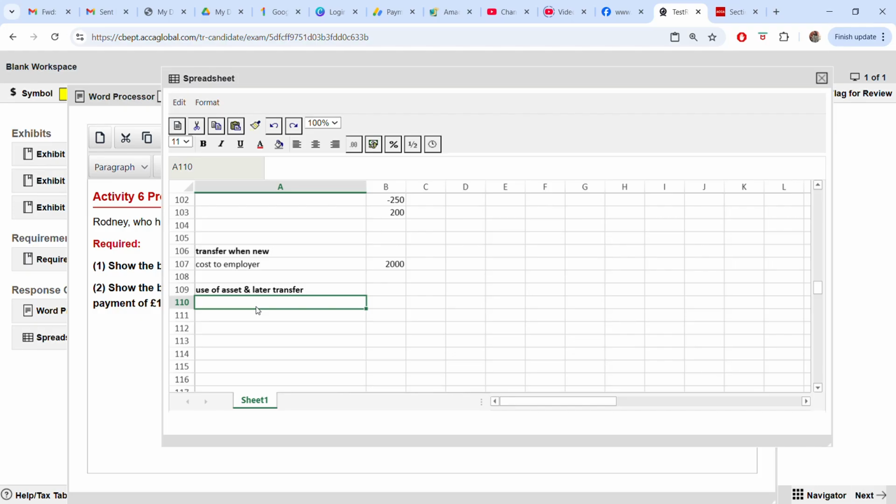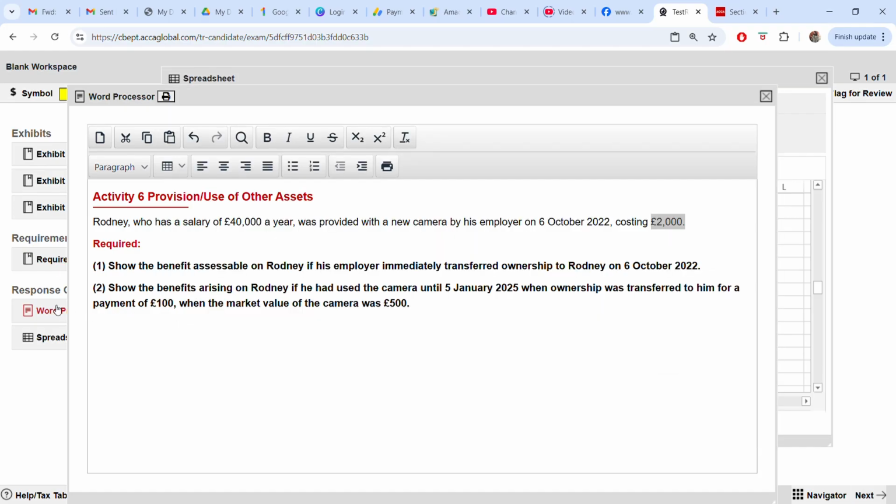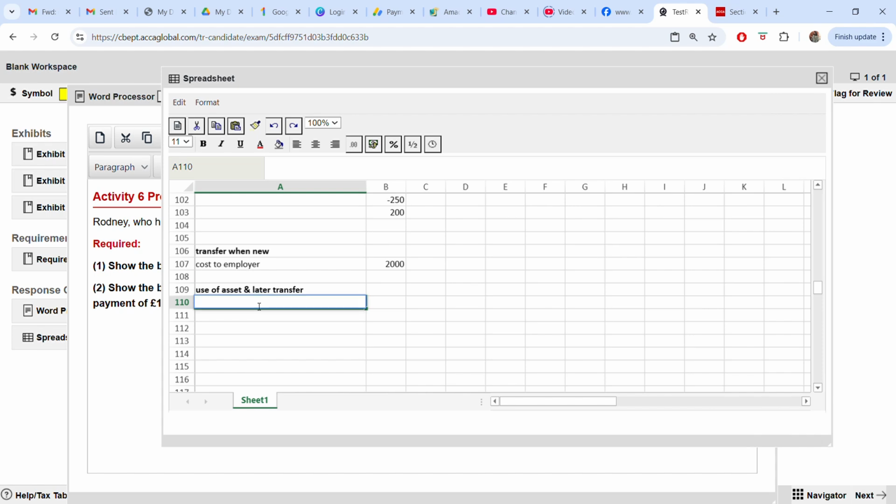Now, here it starts from which tax year? 22-23. So 2022-23, 2023-24, 2024-25.